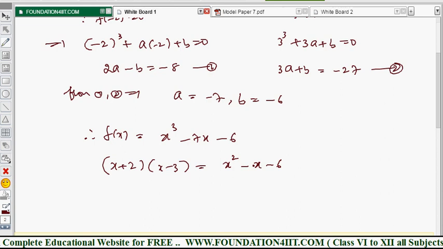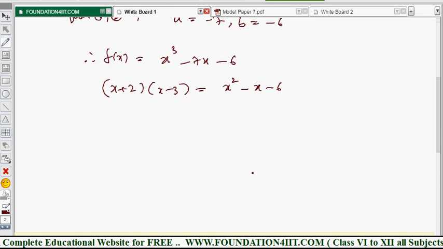Now if you take this and divide by this, on dividing we'll get one more factor. So we should divide x cube minus 7x minus 6 by x square minus x minus 6.